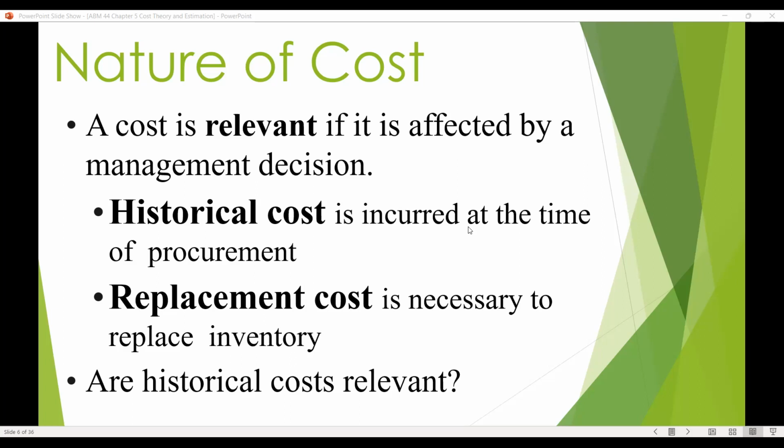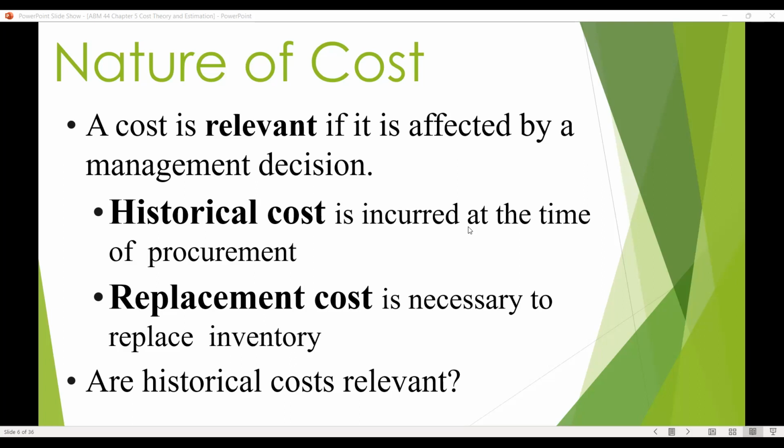That is replacement cost. This is the imuhang gasto in order to replace inventory. Again, these are at least two of the most important costs that greatly affect our decision-making processes.